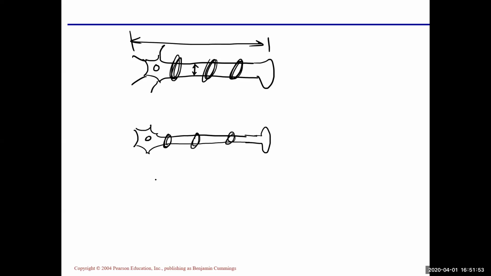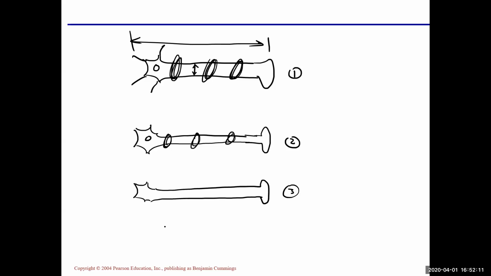All right? And now you have one that is not myelinated. Same length, same diameter as the one above. Let's put the number 1, number 2, number 3. And now let's take a look at number 4. It has a smaller diameter, but no myelin sheath, same length.